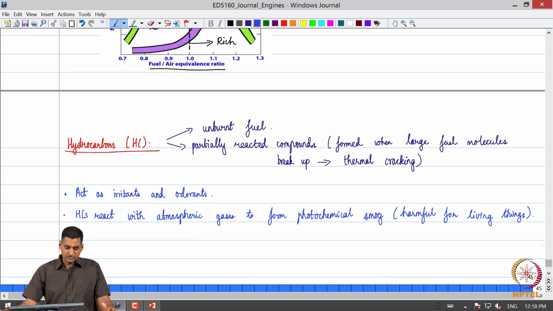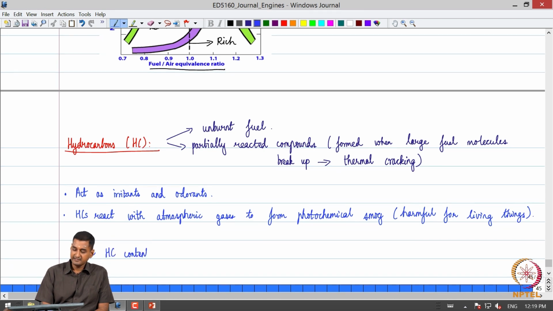Okay. So essentially higher hydrocarbon content can be present in rich mixtures, because obviously they have less oxygen to completely oxidize the fuel particles.